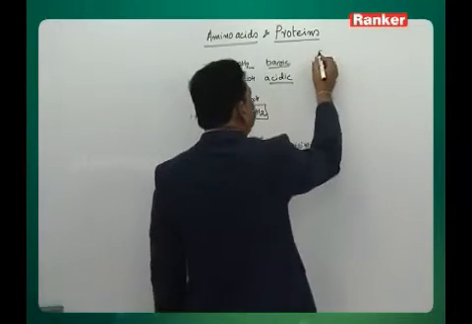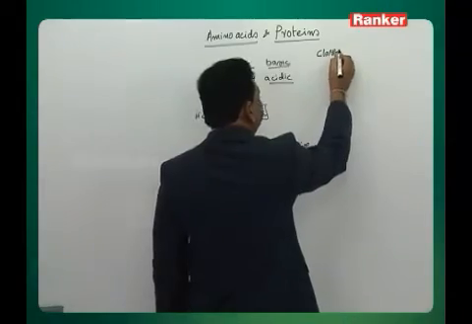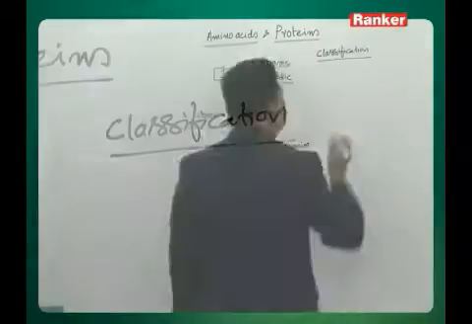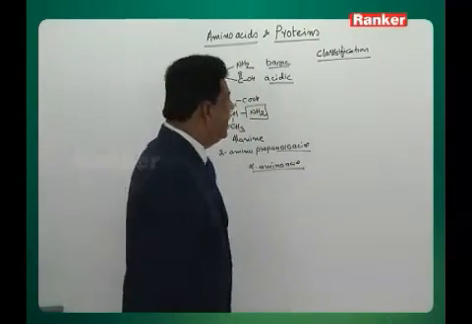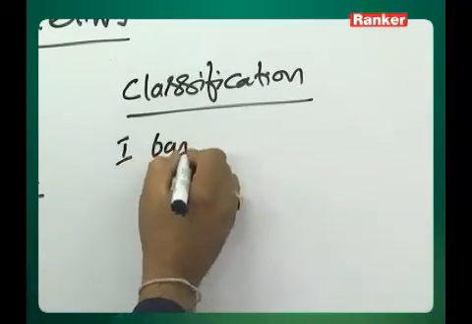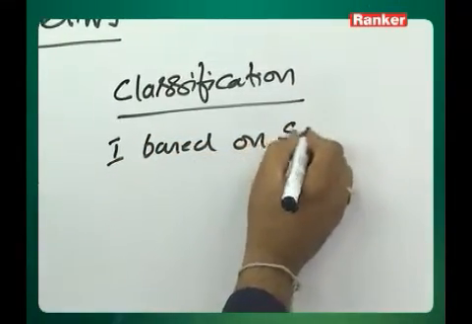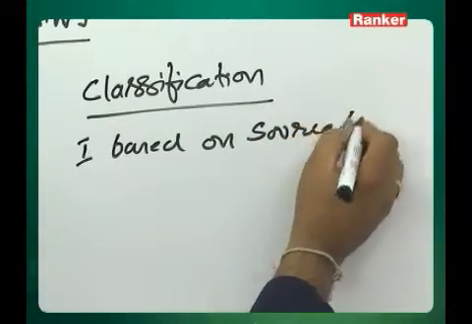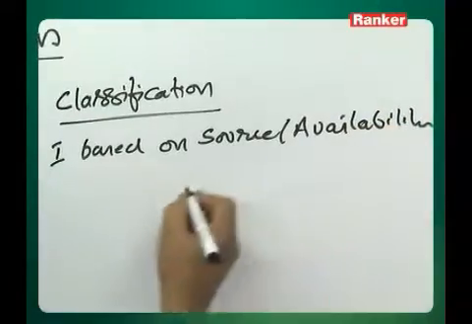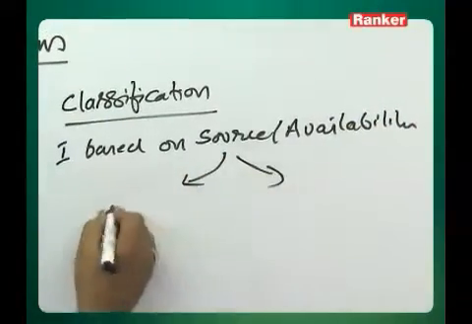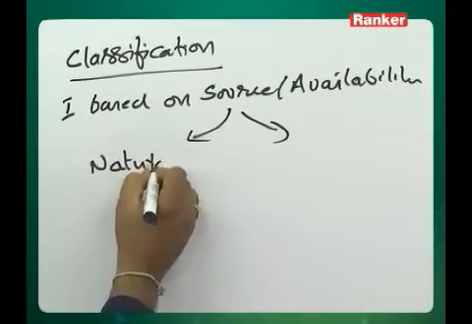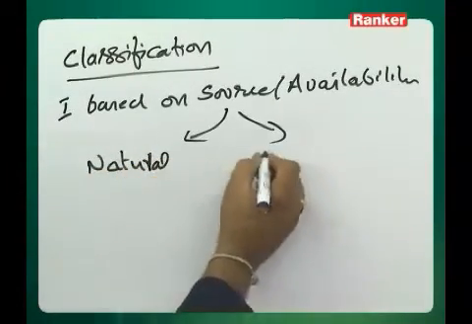Therefore a classification also reveals the same thing. The amino acids can be classified into two or three varieties. The first one is based on availability or source, where you get them from: natural amino acids and synthetic.